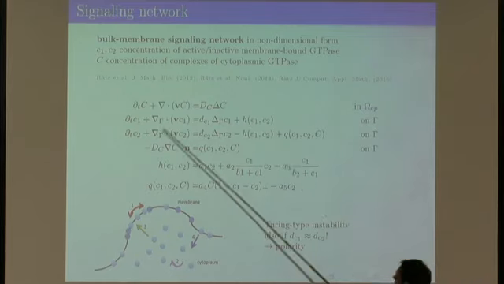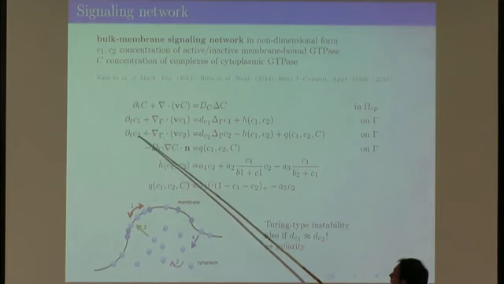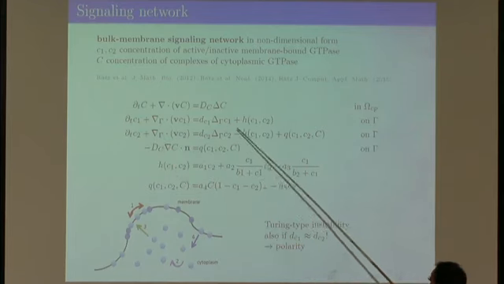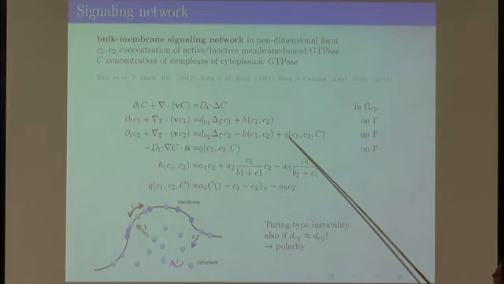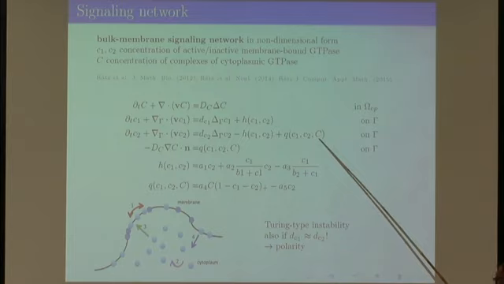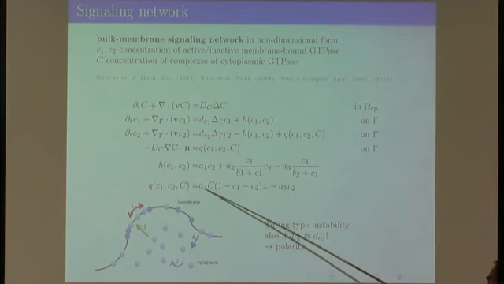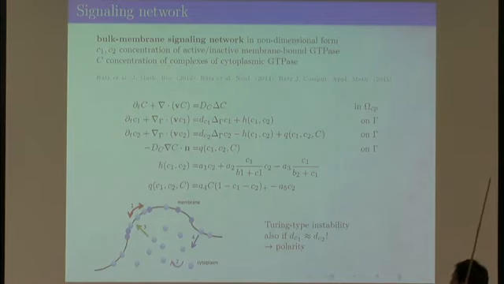And so the inactive GTPase is advected and diffuses and reacts with the active GTPase, and additionally is coupled to the cytoplasmic GTPase, which is also inactive, and there is some Langmuir-like adsorption-desorption function coupled in this function Q. Okay, and the interesting thing about this system is that it gives actually a polarity even for equal diffusion constants.